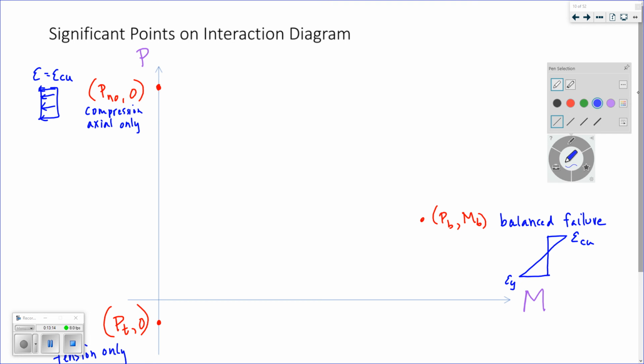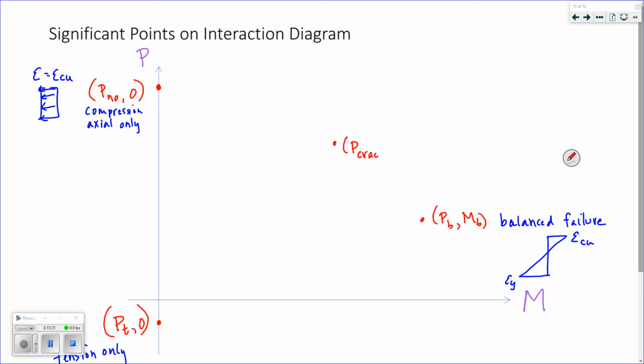Another point that I can look at is the onset of cracking. That is, I'm going to put it right here. P crack and M crack. Onset of cracking means right when I start to have tension in my concrete.